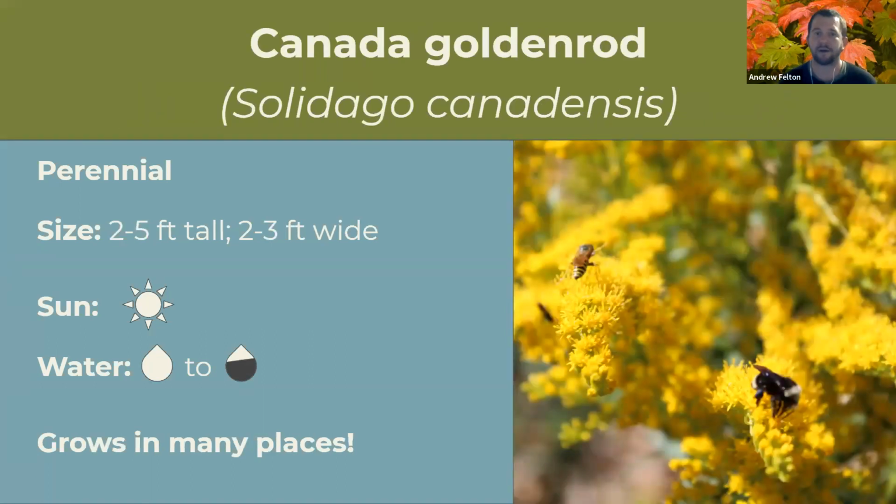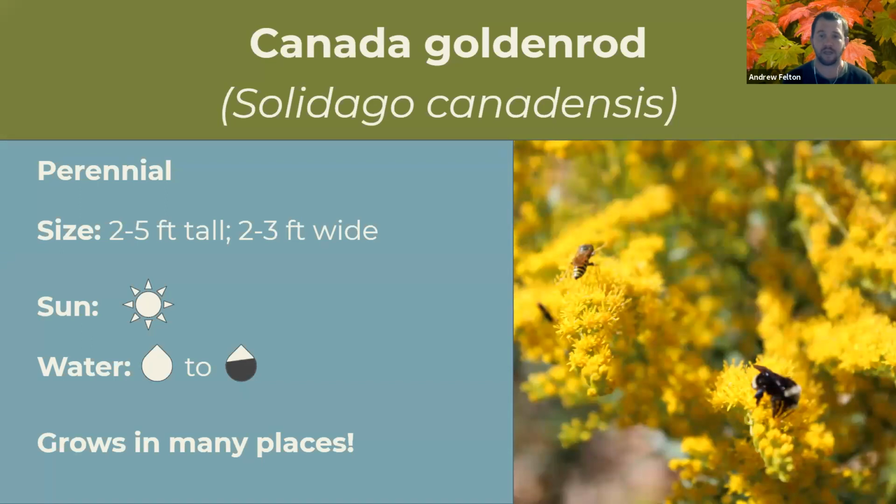The next species we'll talk about is Canada goldenrod. This was another one that Rebecca had mentioned earlier that really is a great supporting plant for pollinators in our area. It is a perennial, so it will grow back each year. It also is a plant that does really well on a wide variety of conditions.